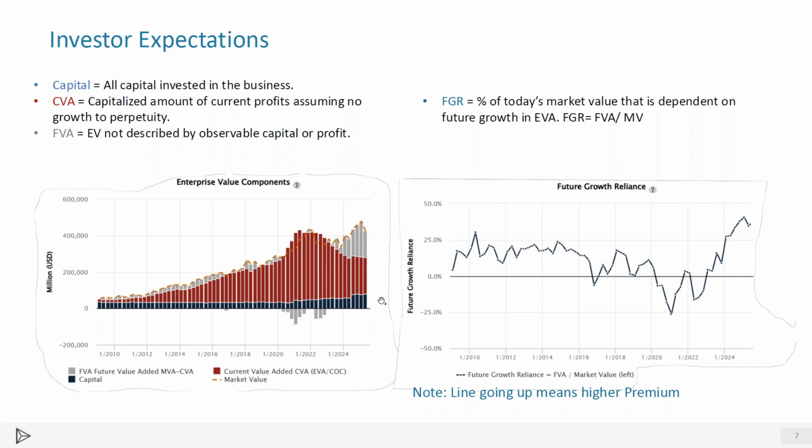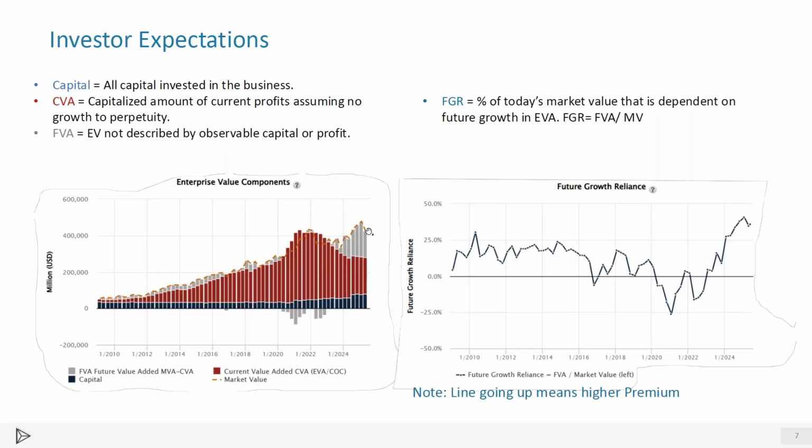Basically that's what you've earned as the investor off of your capital base, right? So the blue is what you own, the red is what you've earned. We then model in the orange line, which is the market value. The market value is a given, and what we say is the red and the blue added together is the franchise value of a business.